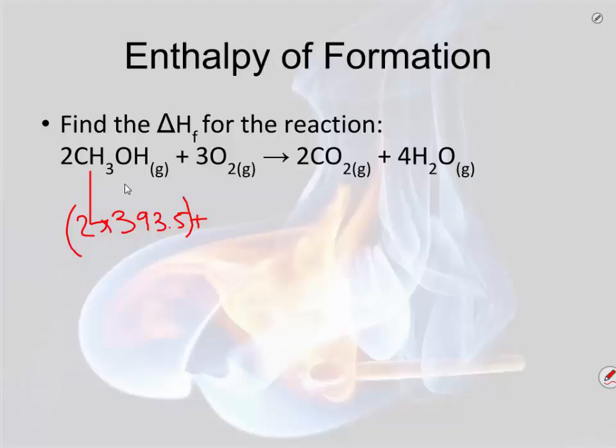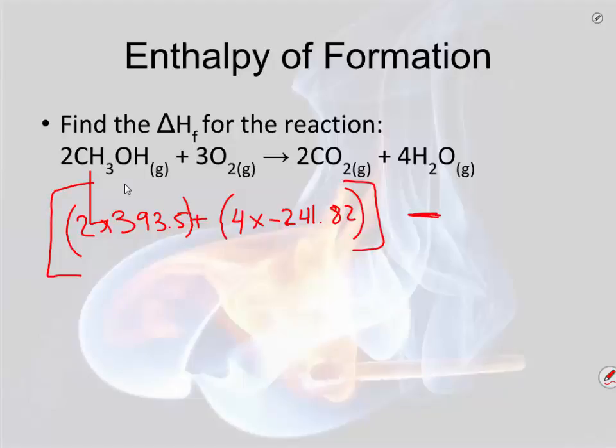We want to make sure we use the gas form of water, and its coefficient is 4. So 4 times its delta H of formation, which is negative 241.82. Okay, and we want to find the sum of that, so I'll put that in brackets. And we're going to subtract it from our reactants.